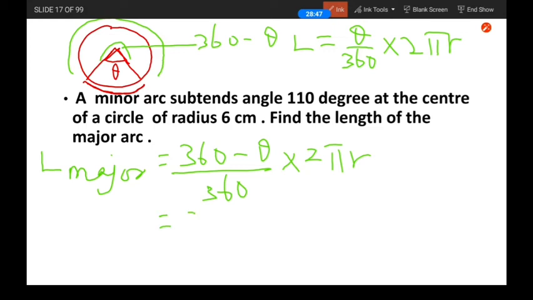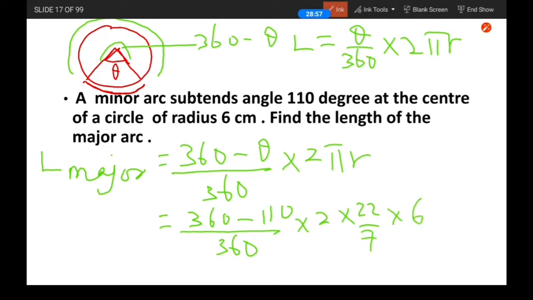And what do we have? 360 minus 110, because that is the angle we have there, over 360 times 2 pi. Follow the pi you are given, 22 over 7, and the radius is 6. So if you do this very well, you're going to be getting 26.19 centimeters. That is it. So it's just about the formula. You want to know the formula, you are okay.